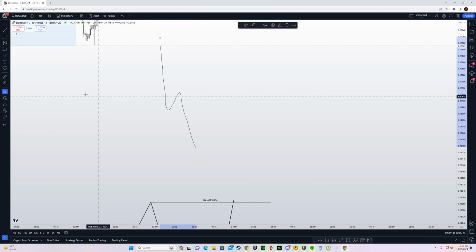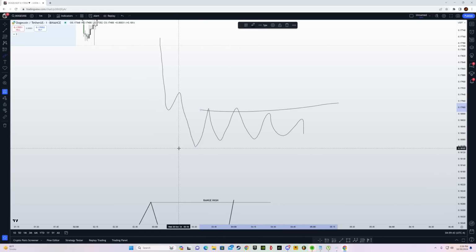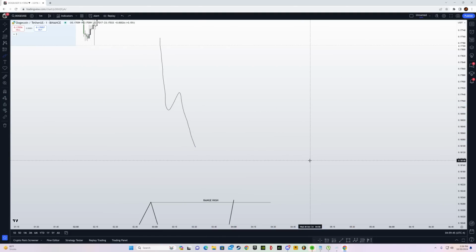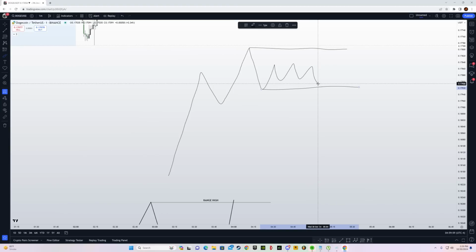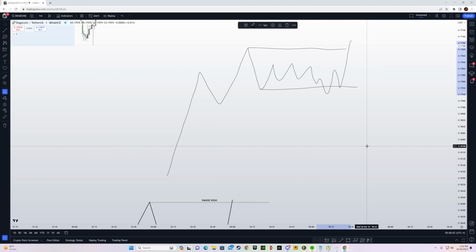But when the move is over, price is usually going to start ranging, and that's where we want to look for opportunities, right? Also, during New York session after 9:30 is when price will give a big push, right? And then at around 10 or something, price will start consolidating, and that's where you have to find your range, and then that's where you have to look for opportunities to take your trades.